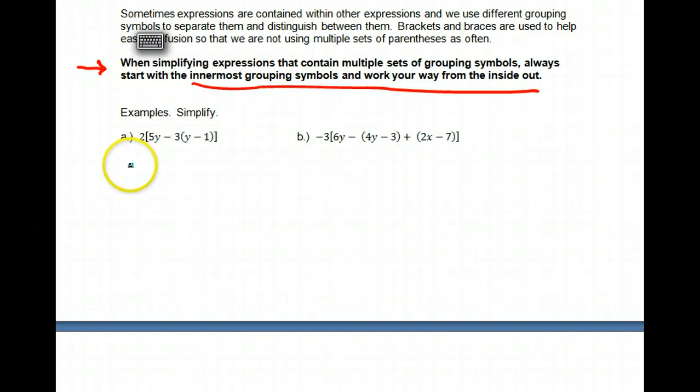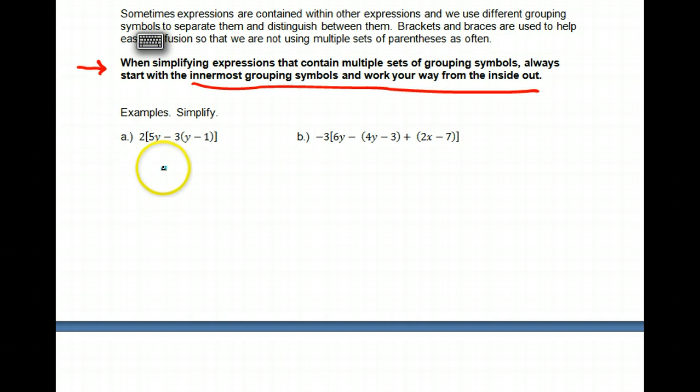If we find the innermost set of grouping symbols for example A, it's going to be the set of parentheses that contain y minus 1. Now y minus 1 is an expression that we cannot simplify. So what we do next is we try to use the distributive property by distributing in the negative 3 that is directly in front of that set of parentheses.